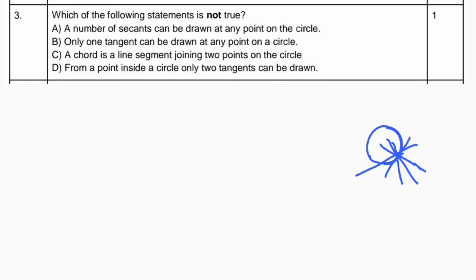Second one, option B, only one tangent can be drawn at any point on a circle. This is also true because only one tangent we can draw at a point. For example, if you take this as a point P, at that point only one tangent is possible. That is also true. A chord is a line segment joining 2 points on the circle. That is the definition of chord. That is also true. If you join any 2 points on the circle, we'll get a chord.